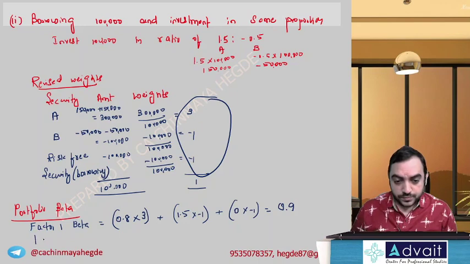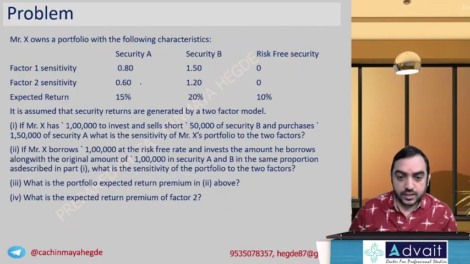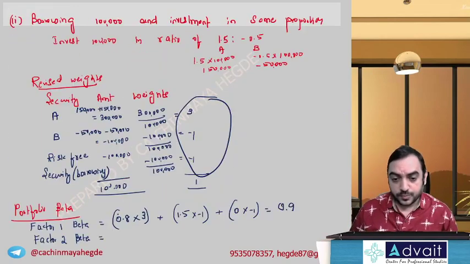Factor 2 beta. What are the factor 2 betas? We have 0.6, 1.2 and 0, multiplied by 3, multiplied by minus 1, multiplied by minus 1.